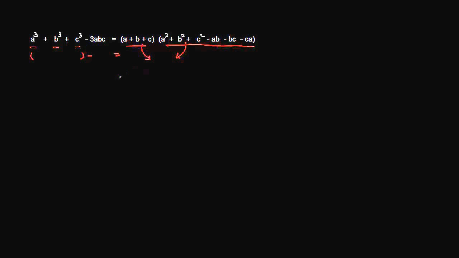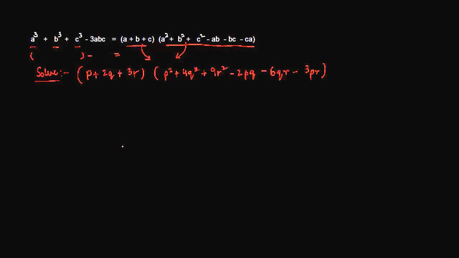For example, take P plus 2Q plus 3R, into P square plus 4Q square plus 9R square minus 2PQ minus 6QR minus 3PR, and you are asked to solve this identity or equation.